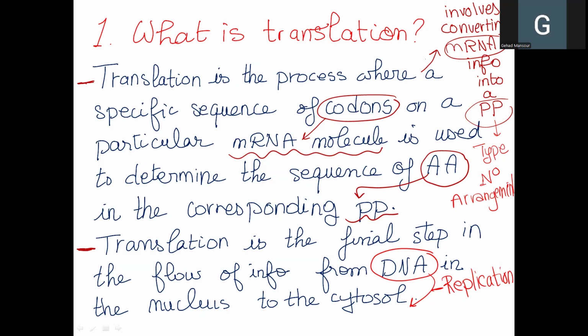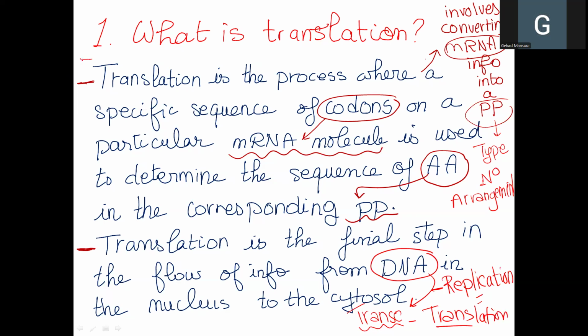But in the flow of information, it's not replication that is the most important step. In the flow of information, the first important process is transcription that occurs in the nucleus, and then translation that occurs in the cytosol.